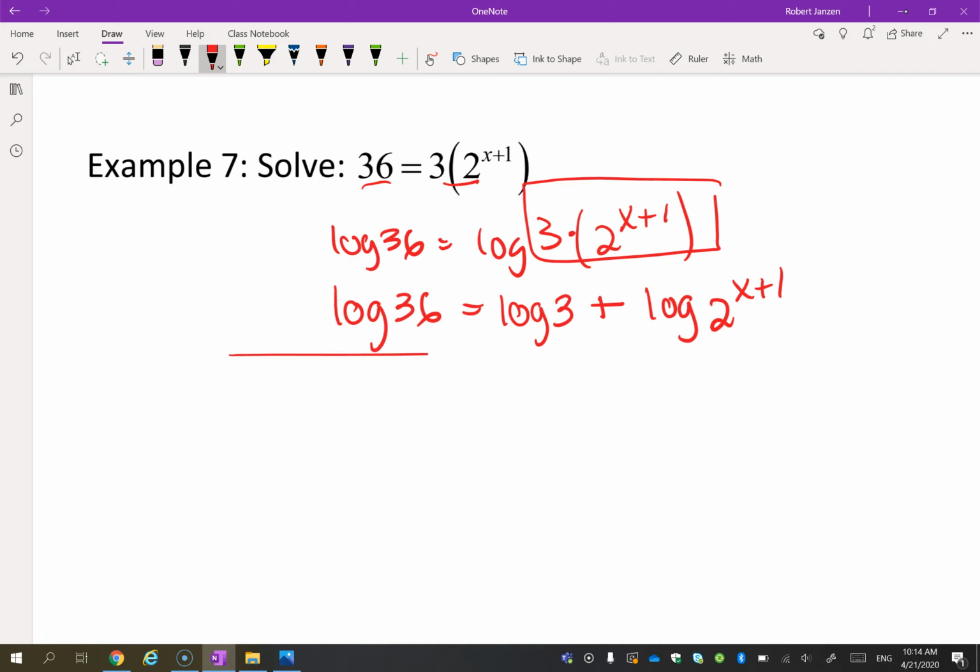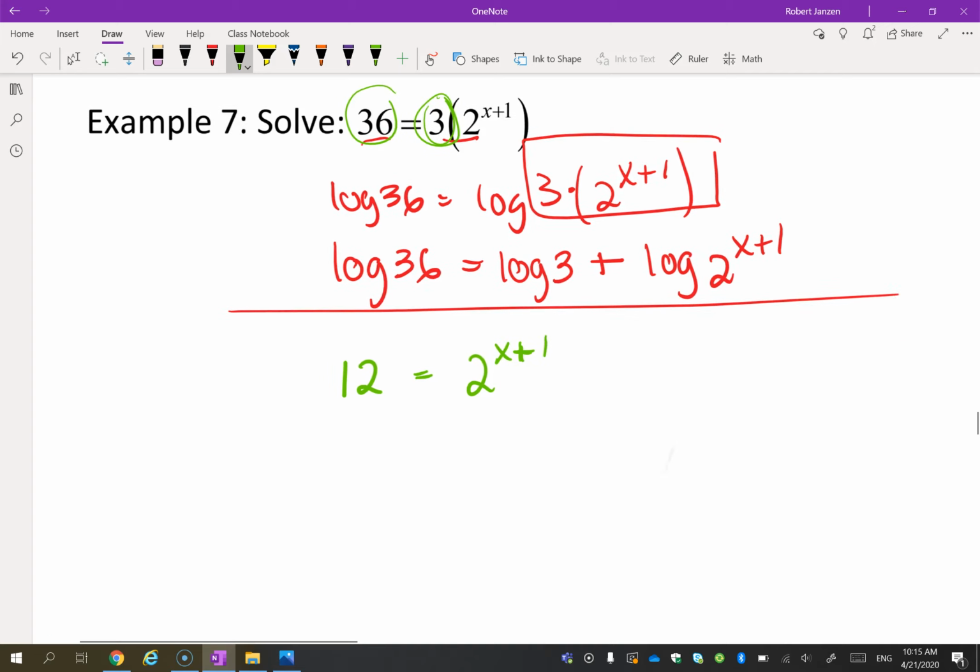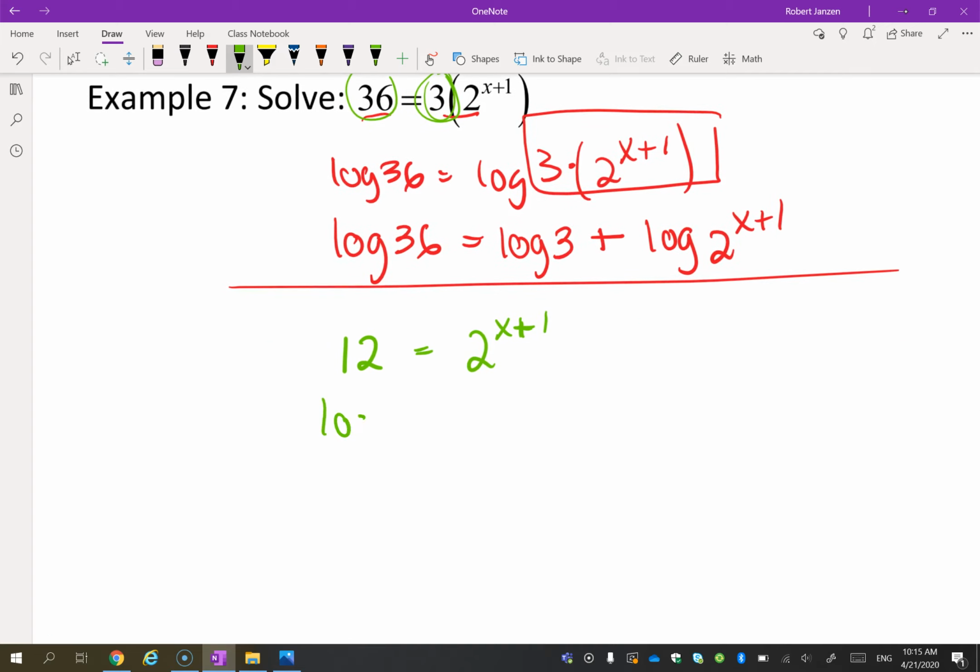Now, I'm going to show you a little bit of a shortcut. This doesn't always work, but do you see in this case that we could simplify this by dividing both sides by 3? If you did that, you would end up with 12 and then just 2 to the power x plus 1. Now this is a little bit of an easier question because now when you just take the log, you don't have to worry about is there any operation in there. I can just see that there's one log on each side.